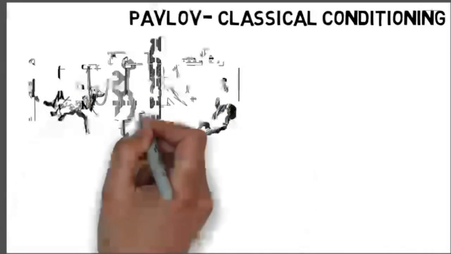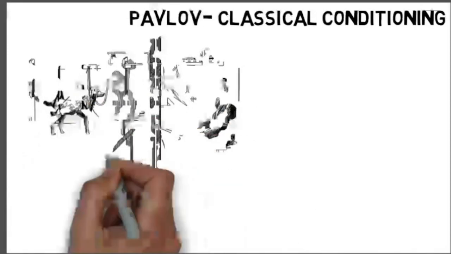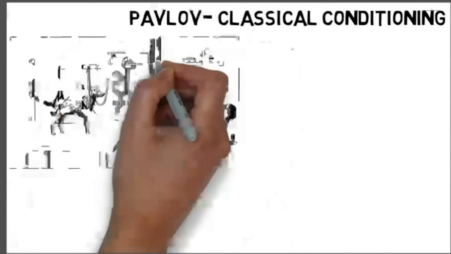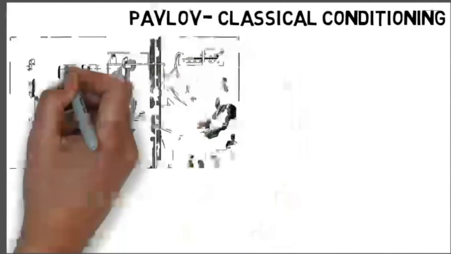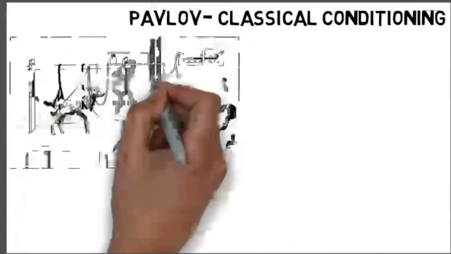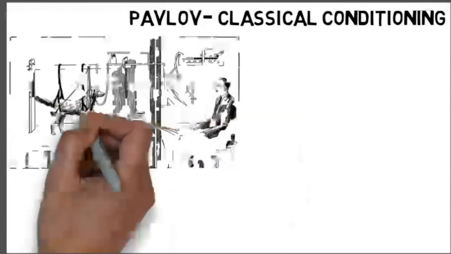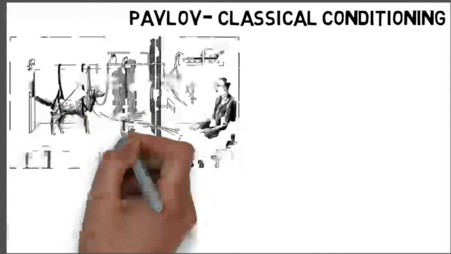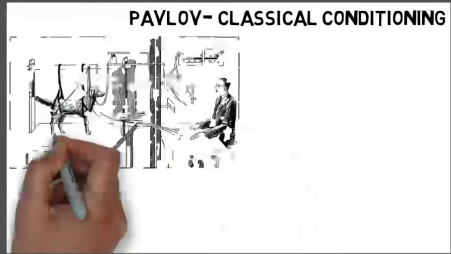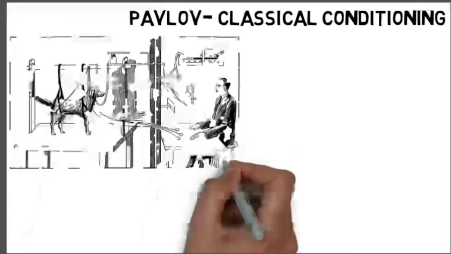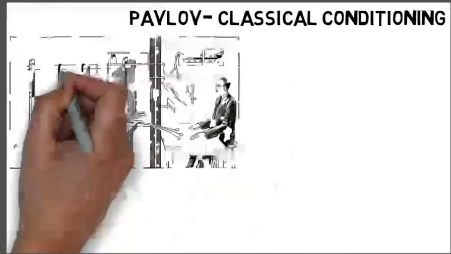In this very simple but really ingenious experiment, Pavlov showed how a reflex, salivation, which is a very natural bodily response, could become conditioned or modified to an external stimulus, the bell, thereby creating a conditioned response.